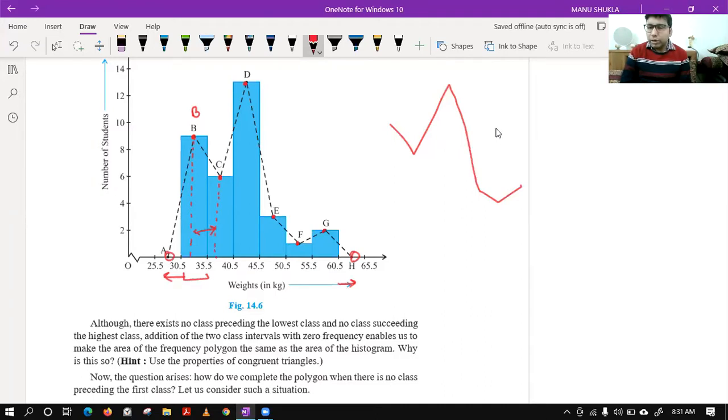Okay, are you getting this point? What we are doing is, first we are trying to convert or replace this complete class interval with a single value. Let me show you how. 30.5 to 35.5.